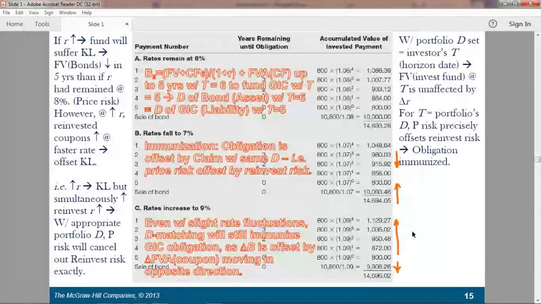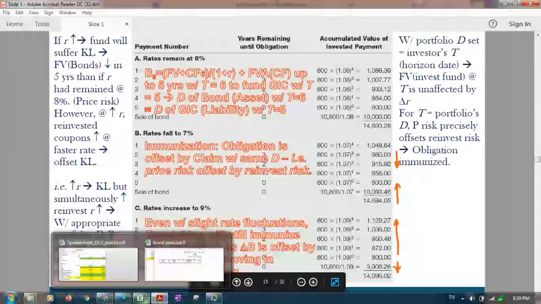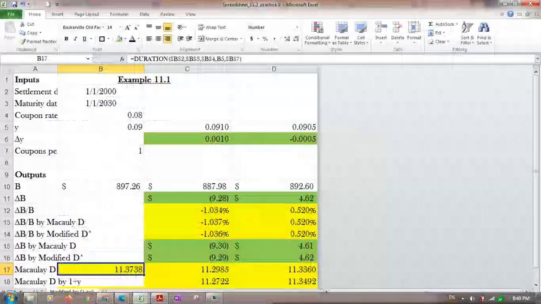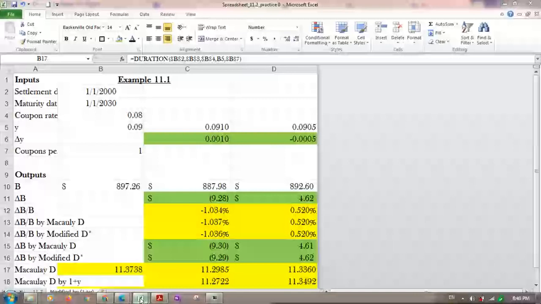of liabilities and assets, then we are immunized, right? Our portfolio is immunized. So that's what is meant by duration matching.